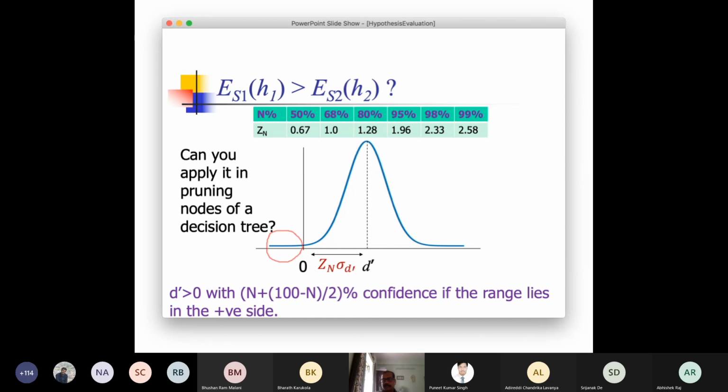Because you are using this kind of statistical test, why not apply it in pruning? Because as you see, when you prune a decision tree, you get a different model. The pruning algorithm says that unless it improves, it stops improving. Now that improvement is itself a little questionable, isn't it?